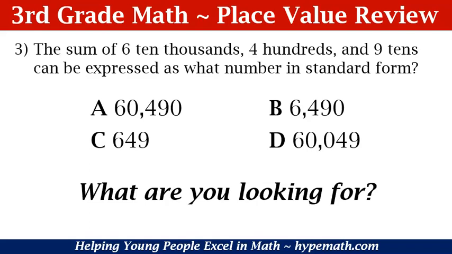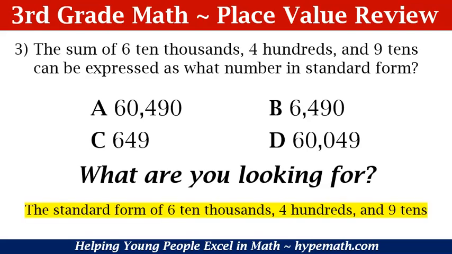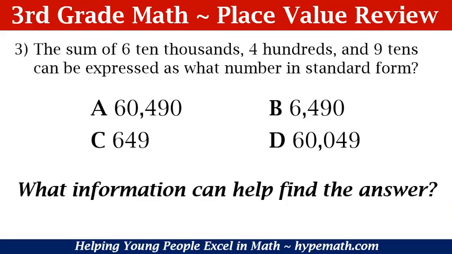What's our first question? What are we looking for? You're right. We are looking for the standard form of 6 10,000s, 4 hundreds, and 9 tens. What information can help us find the answer?